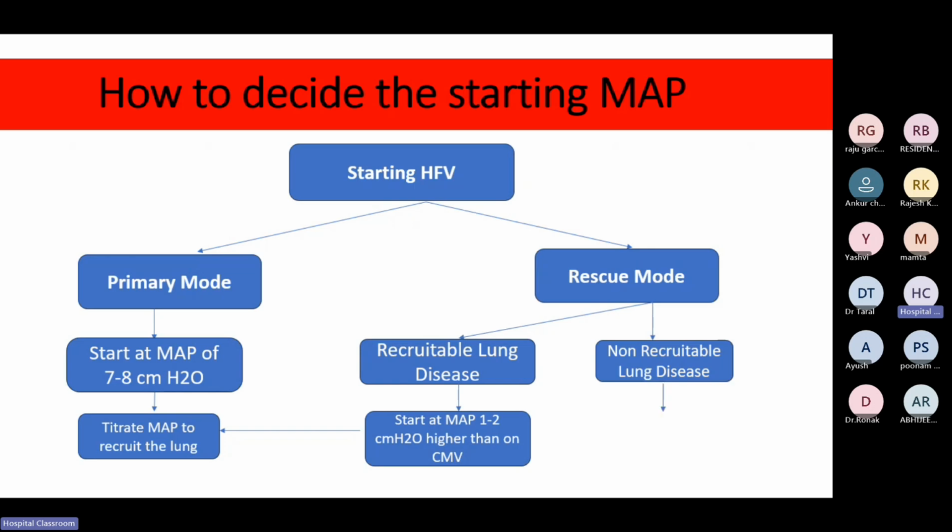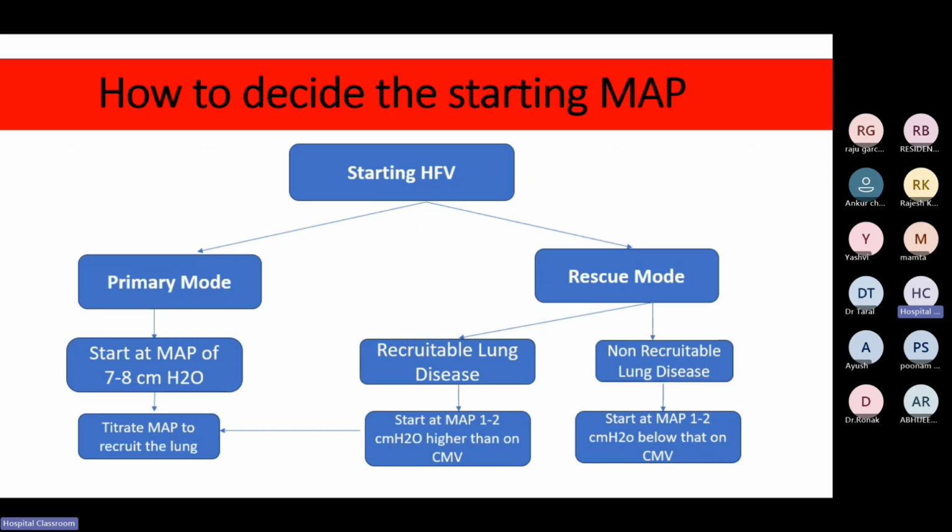But if I have a non-recruitable lung disease, especially meconium aspiration syndrome, or babies with air leaks, or BPD, or sometimes diaphragmatic hernia, in those conditions you start with a mean airway pressure 1 to 2 centimeters below that on conventional ventilation, or maybe you can start at the same mean airway pressure.